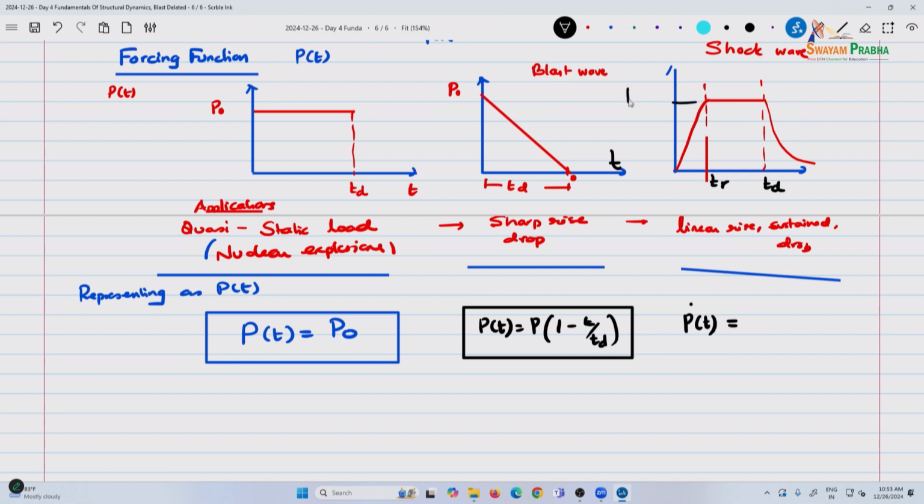Let us say this is P naught. How would you represent this function? I don't want to spoon feed you. Complete the sentence.